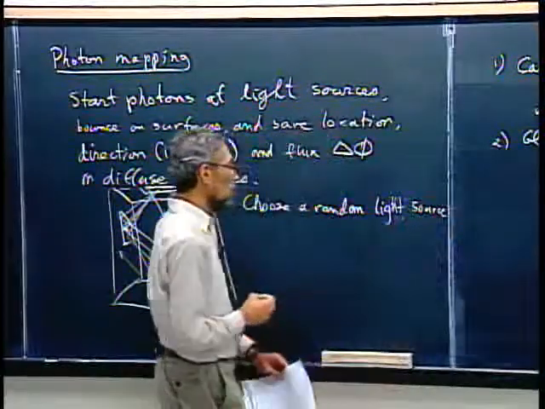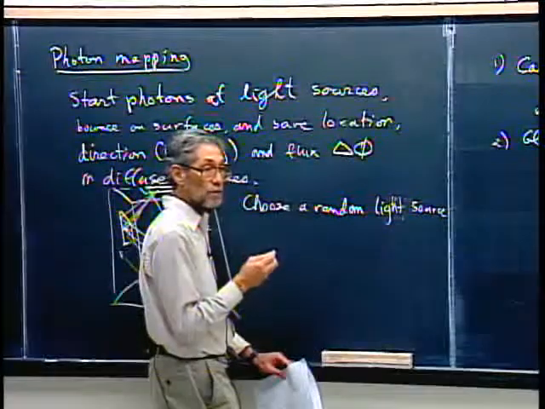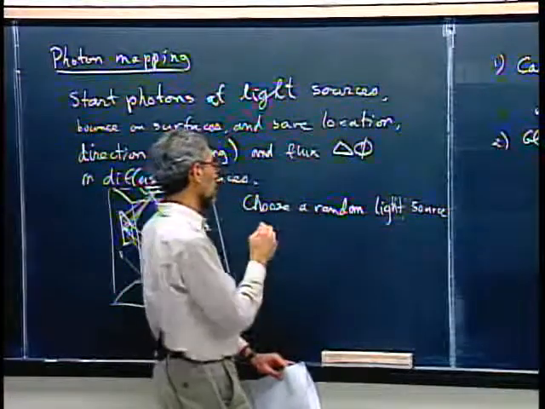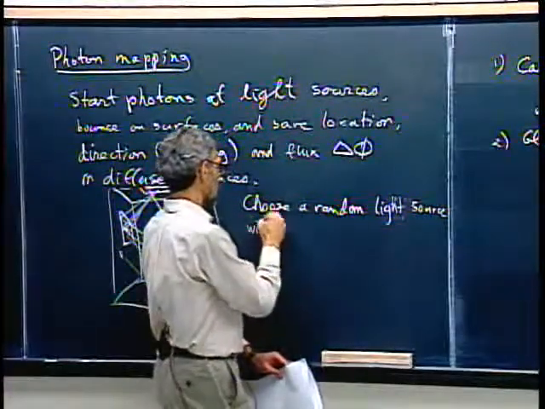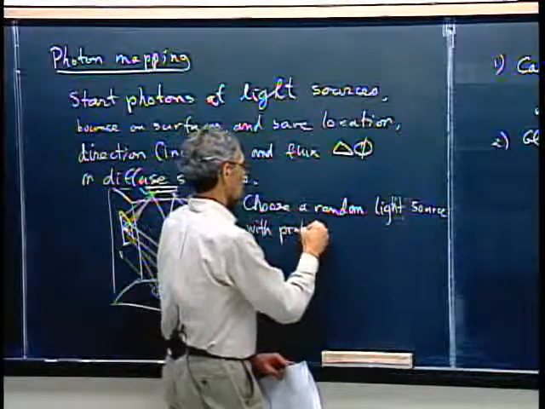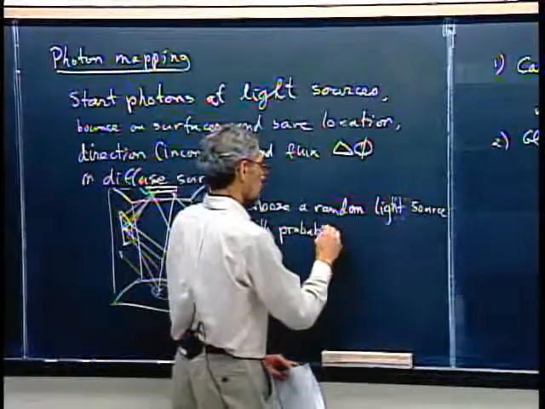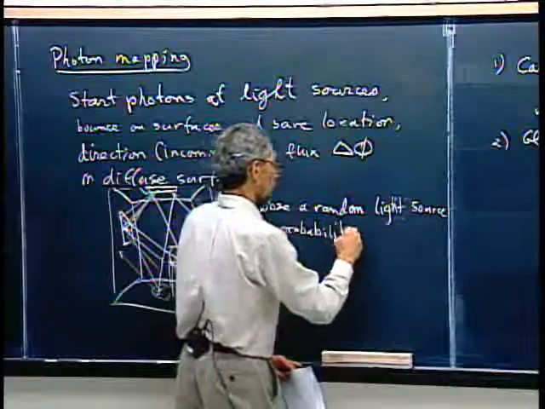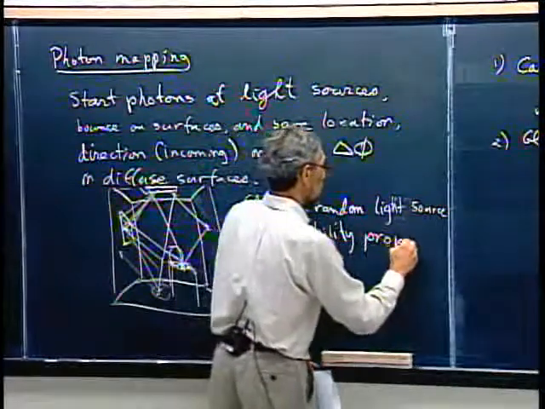And this is like when you had multiple lights in the room and you were doing your direct illumination with probability proportional to its power.